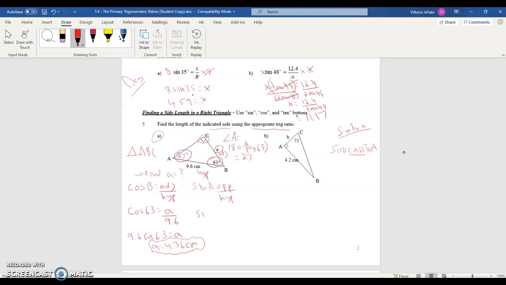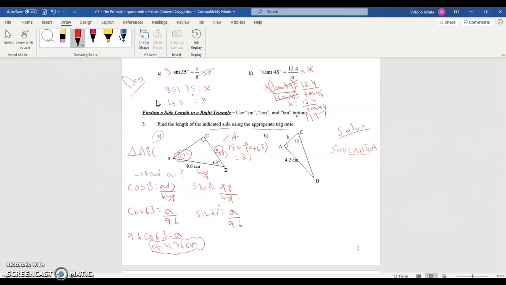So sine of 27 degrees is equal to the opposite side, which is A, over the hypotenuse, which is 9.6.